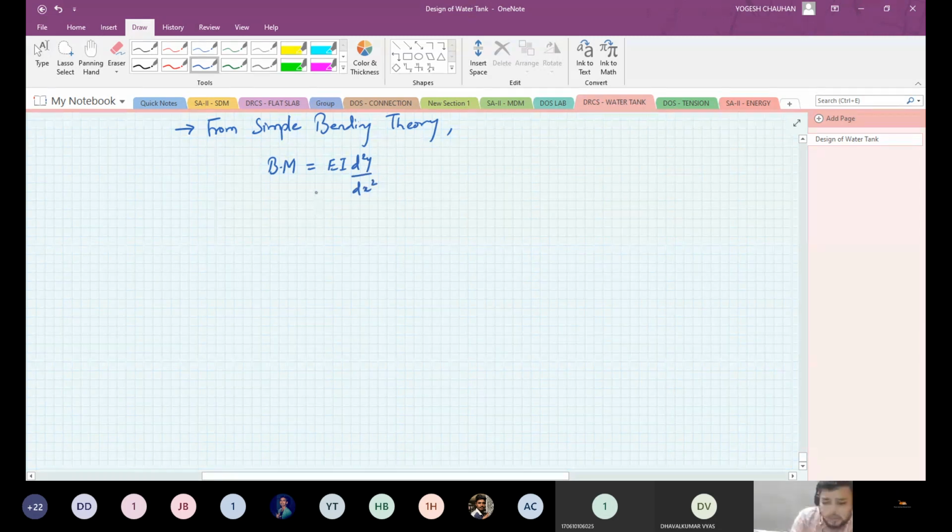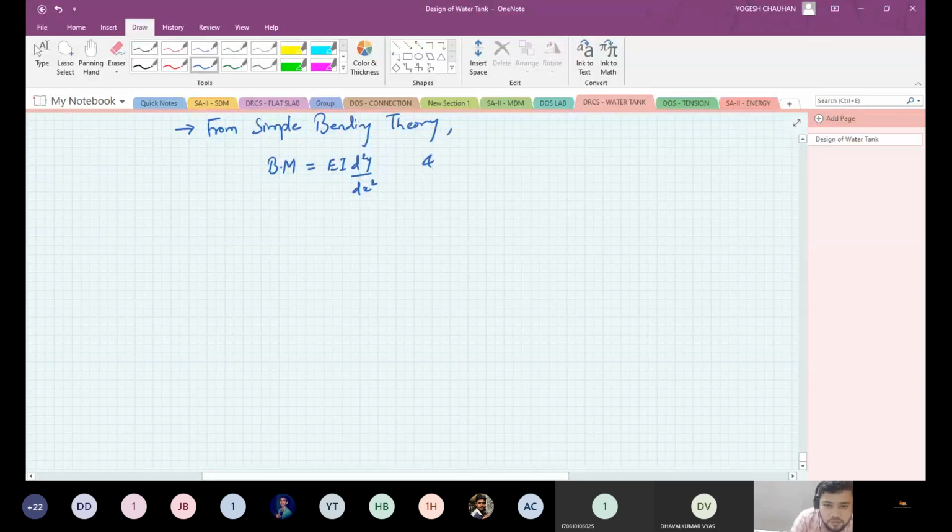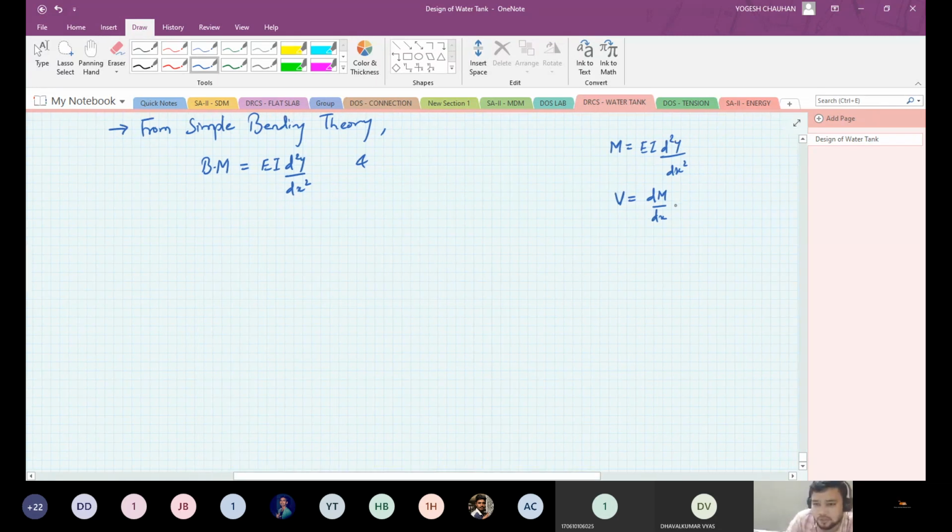Then the shear force V is equal to dM by dx, the derivative of the moment with respect to x, so that will be EI d cube y by dx cube.